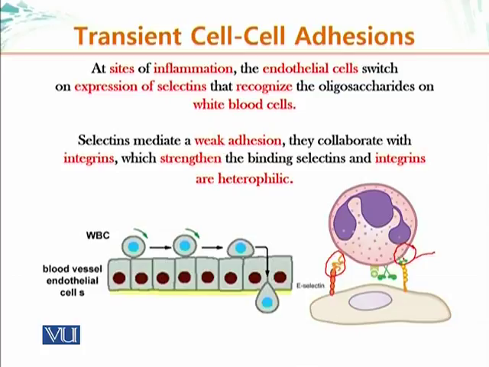This interaction keeps the white blood cell there for relatively longer, so once it has taken place, the white blood cell will have time to crawl through the space between the two cells and go to the site of infection. For example, this was the site of infection. The endothelial cells here were expressing the selectin, which slowed down the WBC, causing it to roll and roll and roll.